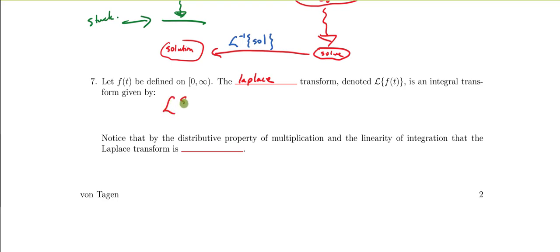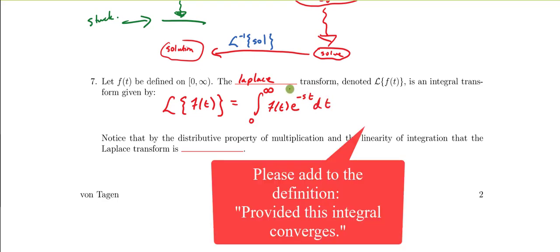If we take the Laplace transform of some function f of t, we compute it by taking the integral from 0 to infinity of our function, that's why we need it defined on 0 to infinity, multiplied by e to the minus st dt. Now, this s is going to be the variable that we now solve our algebraic equation in terms of.